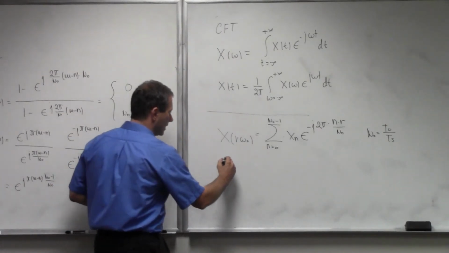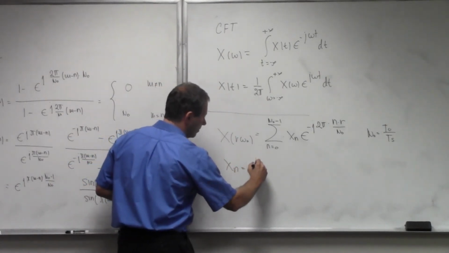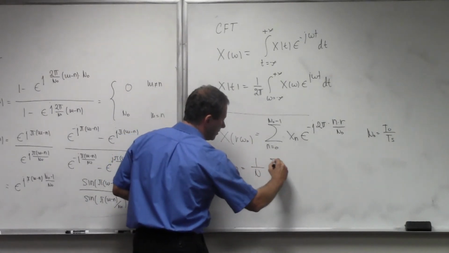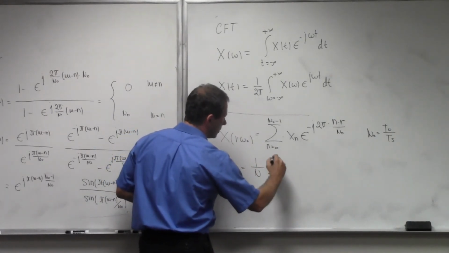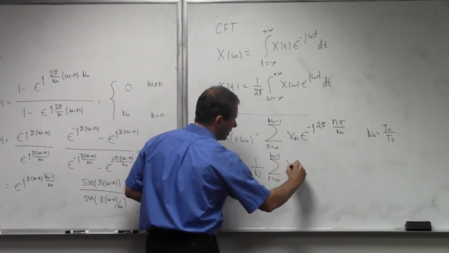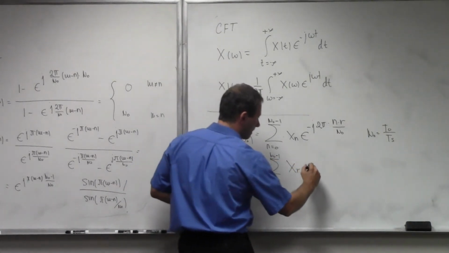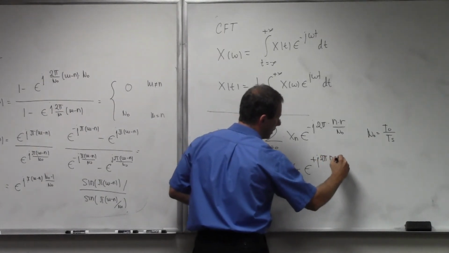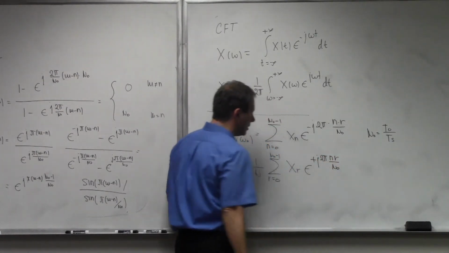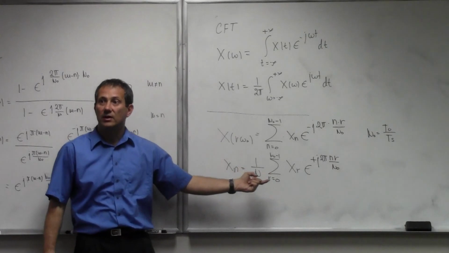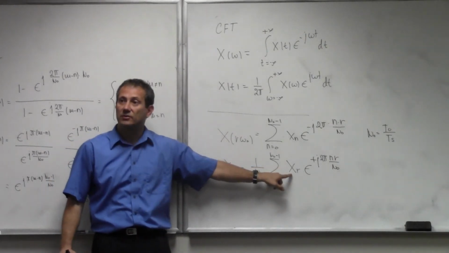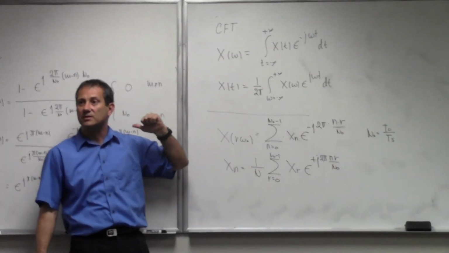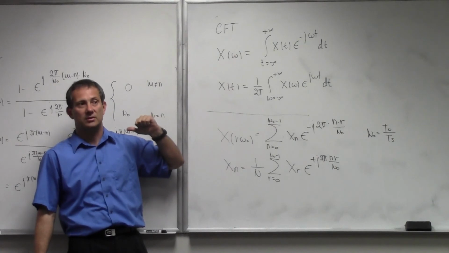So then I get my x[n] is going to be 1 over n0 times the sum when r goes from 0 to n0 minus 1 of X[r] e to the plus j 2 pi n r over n0. So this helps me travel from the samples of the spectrum back to the time domain samples.